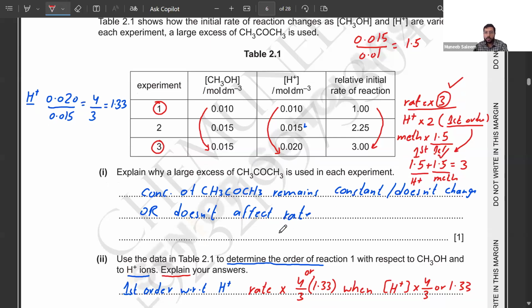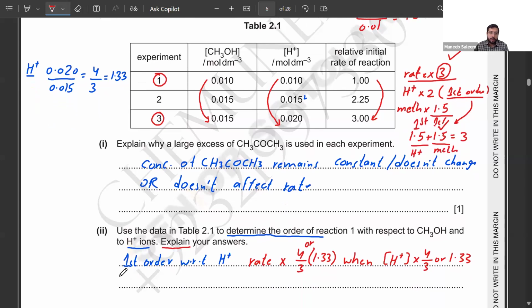So this is one way to find out the answer. So first order with respect to the concentration of methanol, this is the answer to part 1, determine.